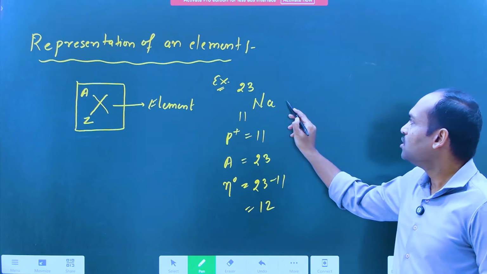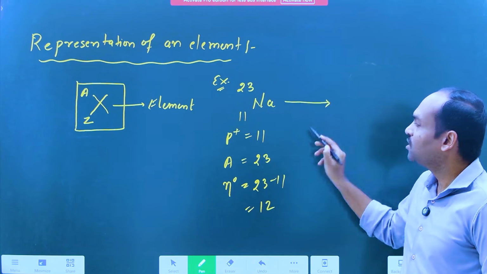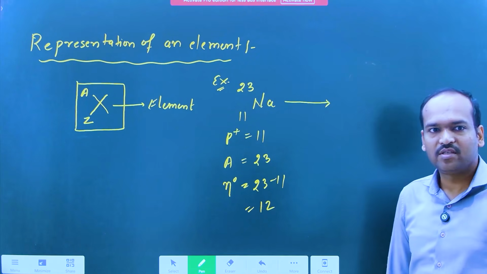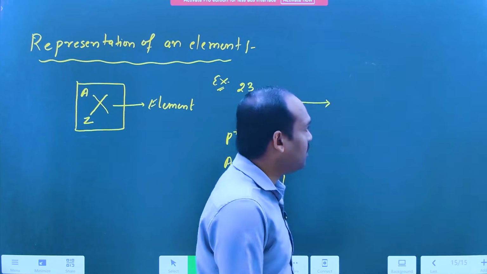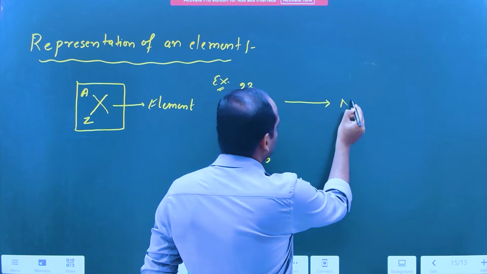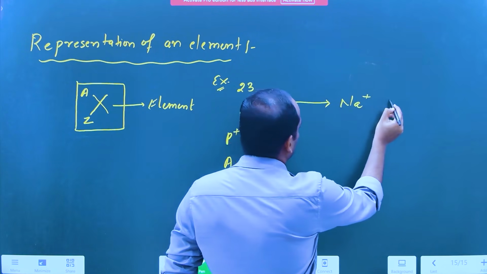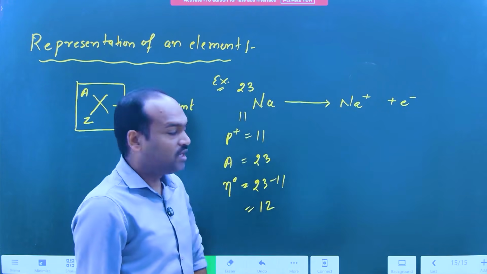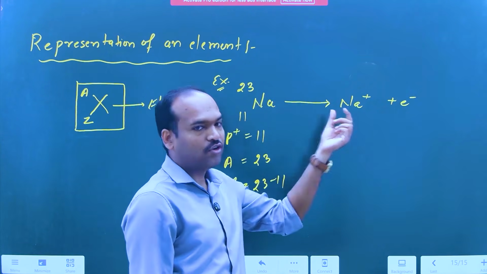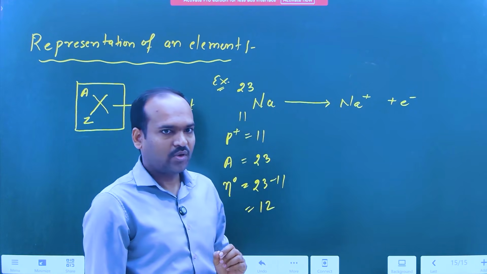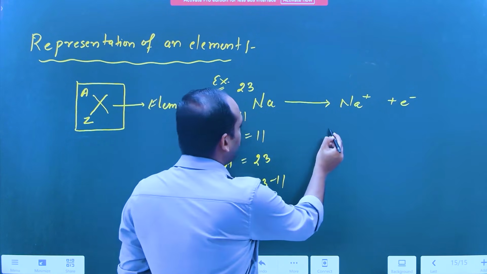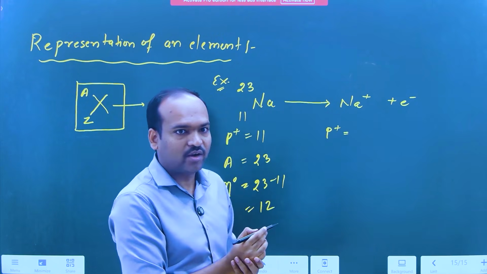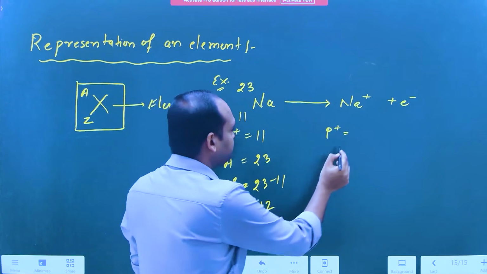Just suppose sodium is losing an electron. So what will form? Na plus. If sodium loses an electron, then sodium plus ion will form. Now my question is, how many protons are present right now in Na plus? 11.